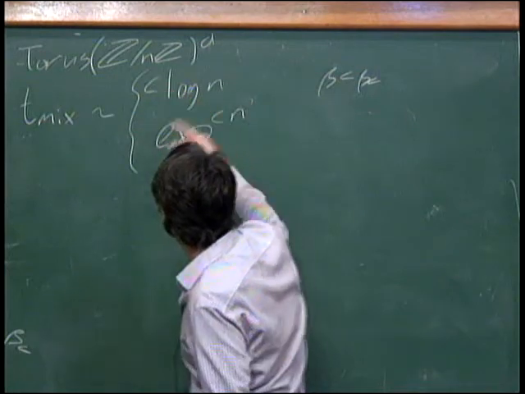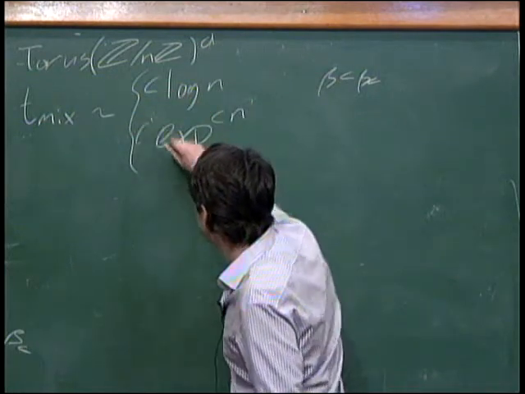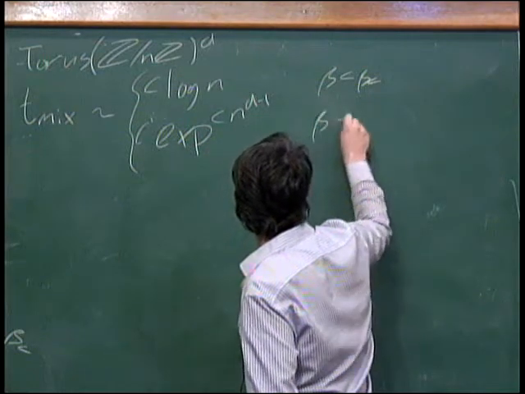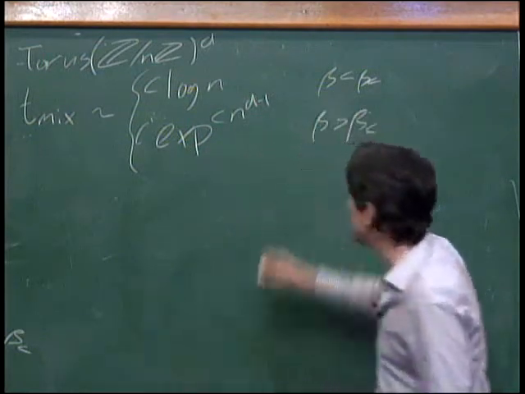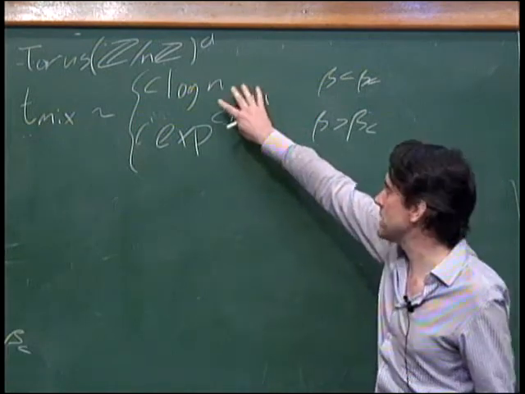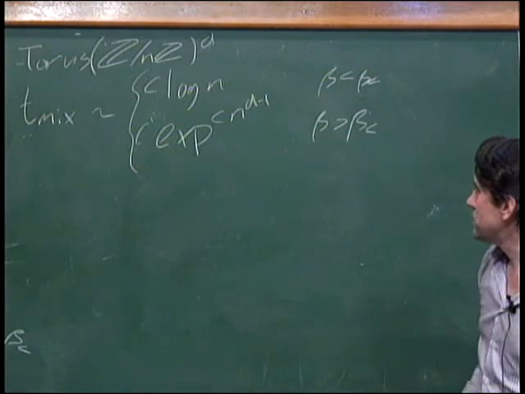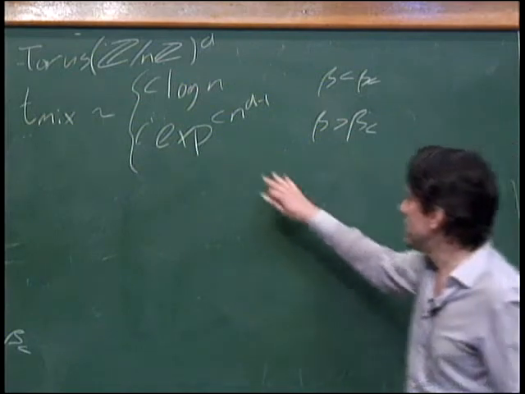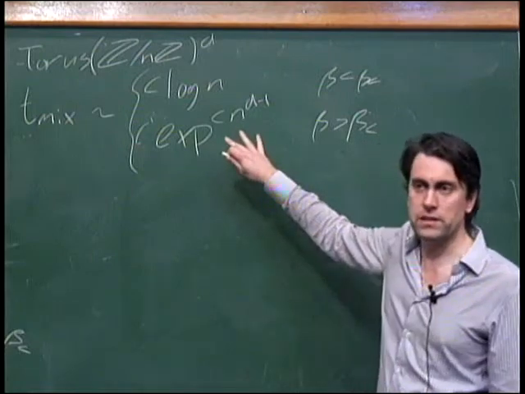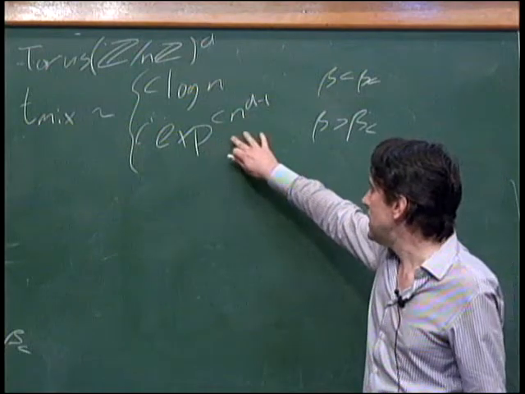There are constants in all of these, but it will mix very quickly when beta is less than beta c. You'll get a logarithmic bound. But when beta is greater than beta c, it will become exponentially slow in n.